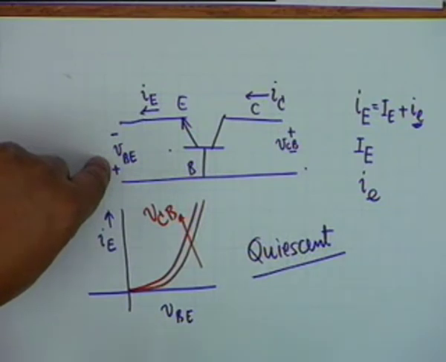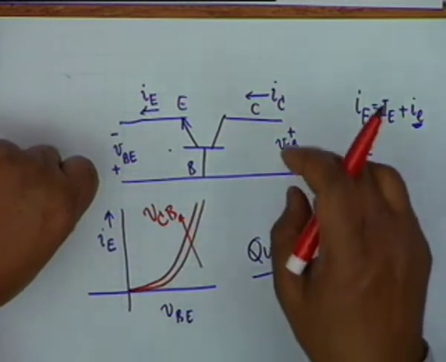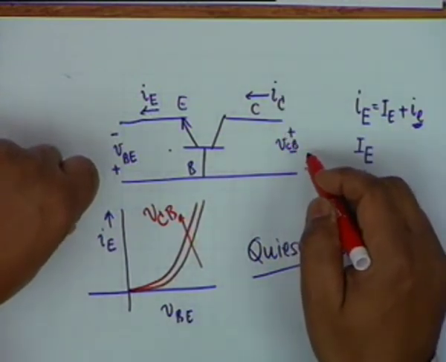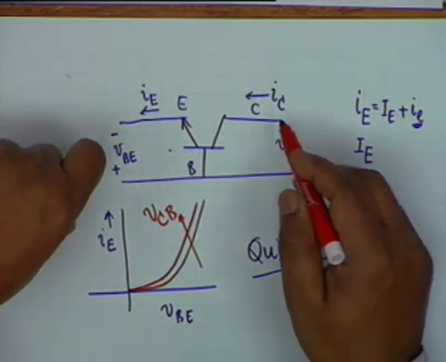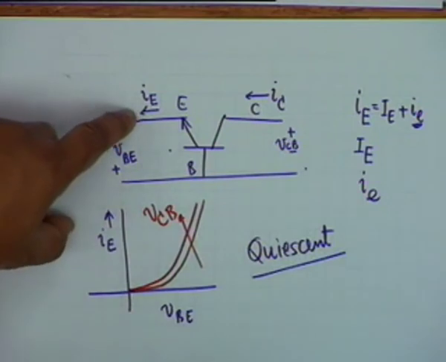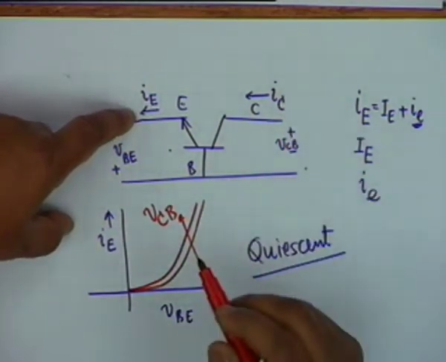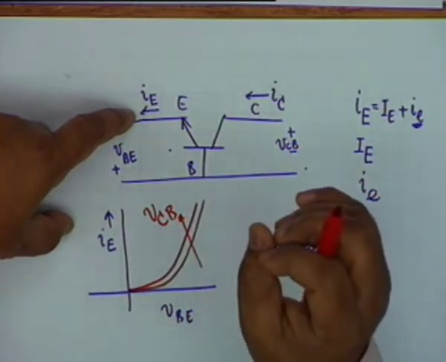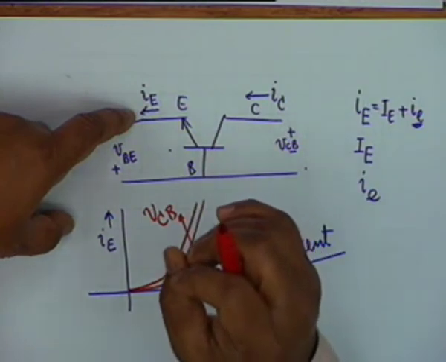The output characteristic is now extremely important. The output characteristic, that is I_C versus V_CB, is influenced tremendously by the emitter current. Why? Because most part of I_C consists of a contribution due to I_E.